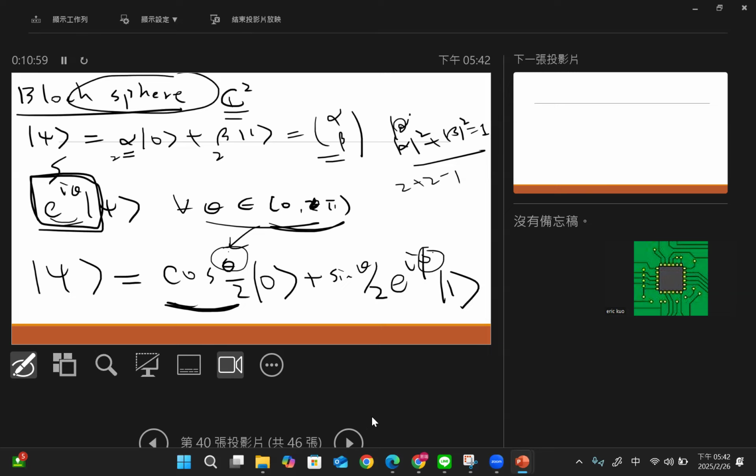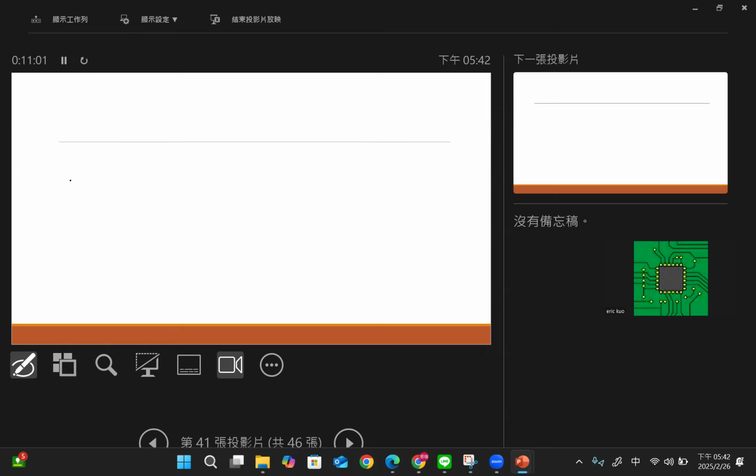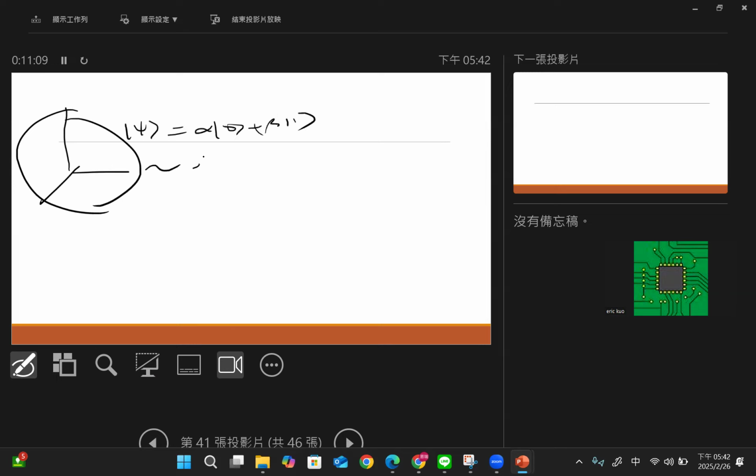Now you can place any pure state alpha |0> plus beta |1>, identified up to phase, and plot this single qubit state on a sphere. For example, this point is |0>, and this point is |1>. This is why people like using the Bloch sphere. It looks good, right?